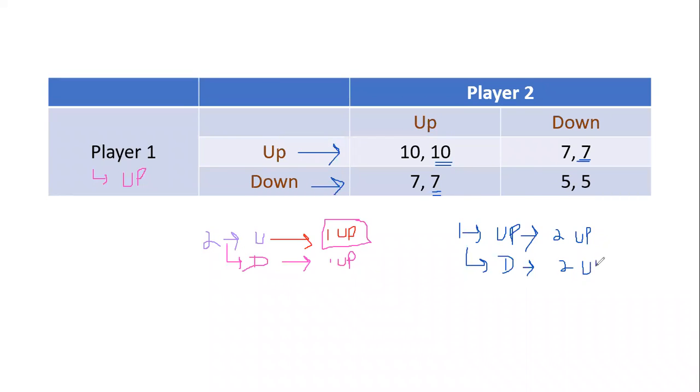So, in other words, we can say that up is a strategy for player 2 which is the optimal strategy for this player no matter what player 1 does. So, in this case, up is the dominant strategy for player 2.